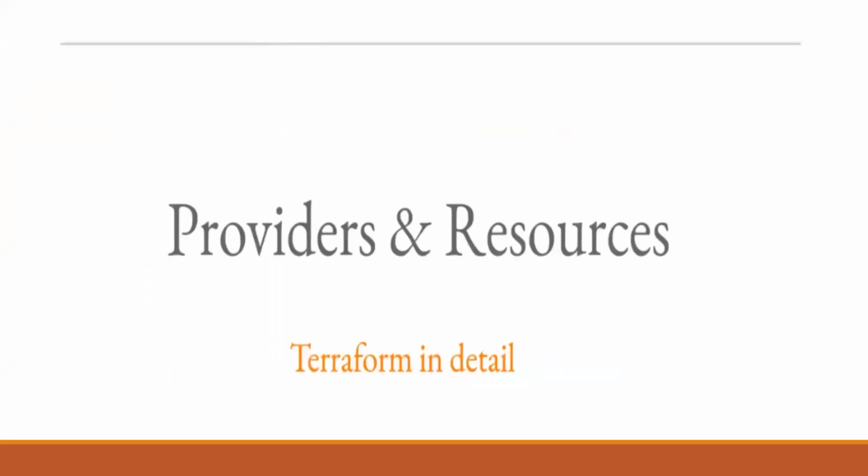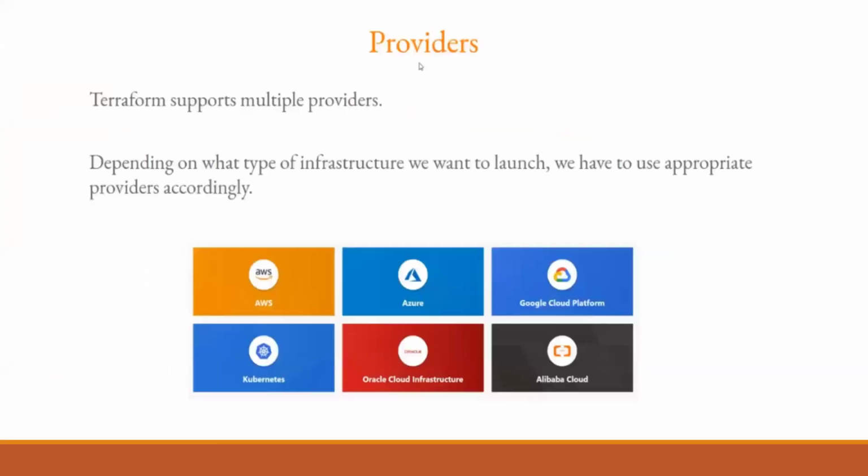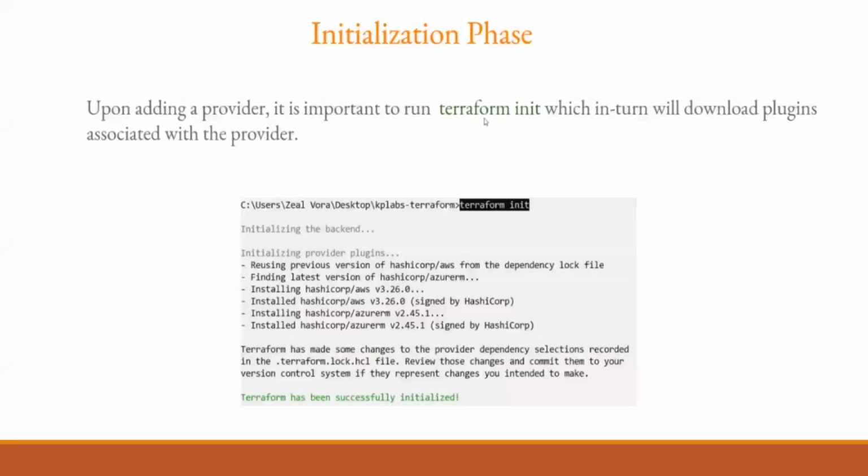So providers and resources. Terraform supports multiple providers depending upon the type of infrastructure we want to launch, so we have to use appropriate providers accordingly. Upon adding a provider, it is important to run terraform init, which in turn will download the plugins associated with each provider.